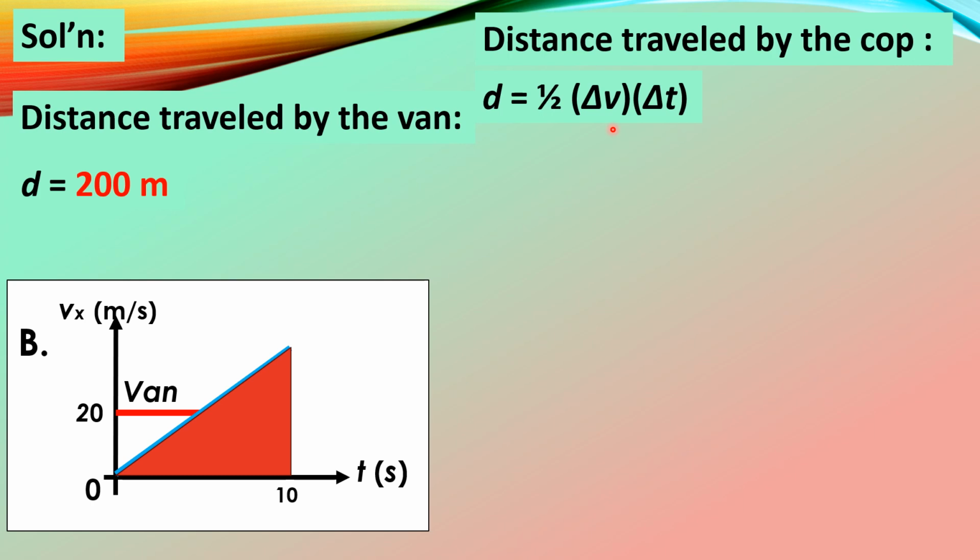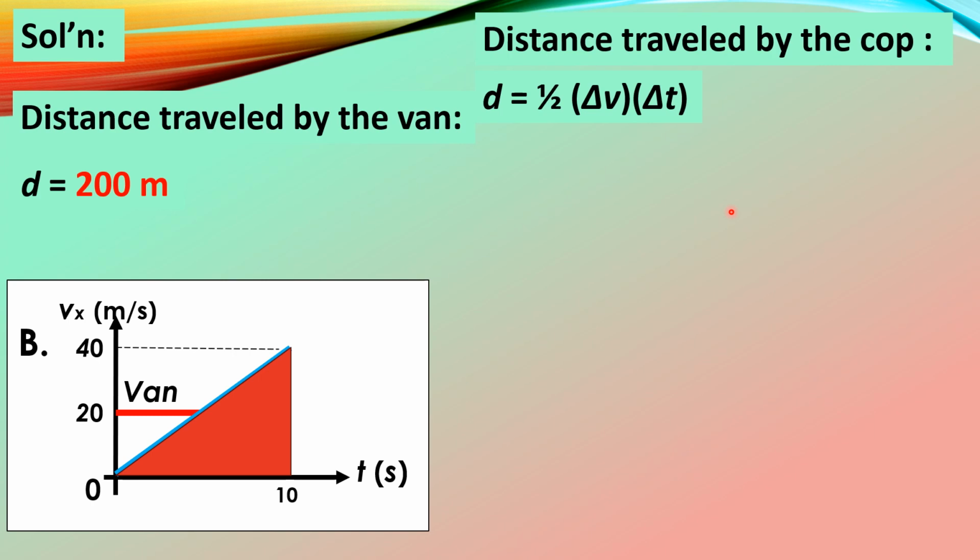When we plug the quantities into this formula, we infer that the final velocity of the motorcycle, v2, in the graph at exactly 10 seconds is equal to 40 meters per second.